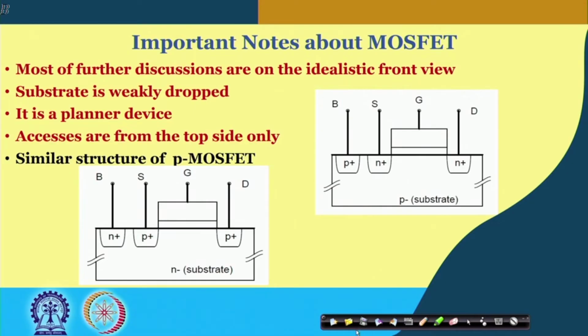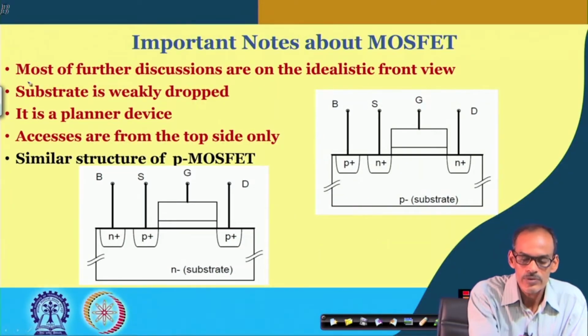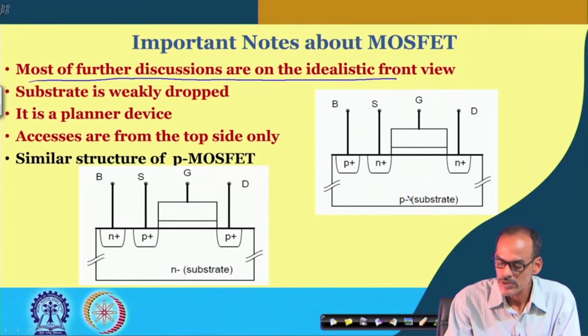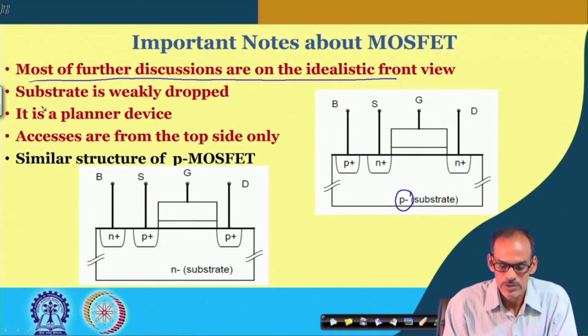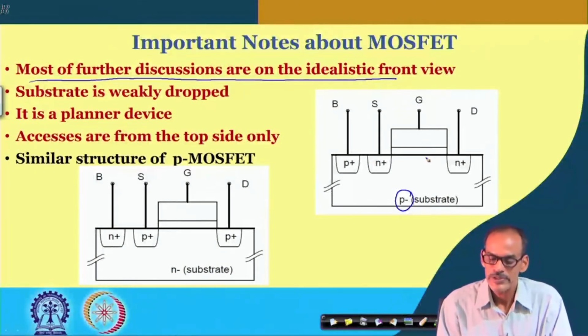There are a few notes to be taken here. First of all, for further discussion we will be using this cross sectional view for simplicity. Then, the substrate: you should note that the substrate is not a complete insulator, it is rather weakly doped p type, and the device is a planar structure.